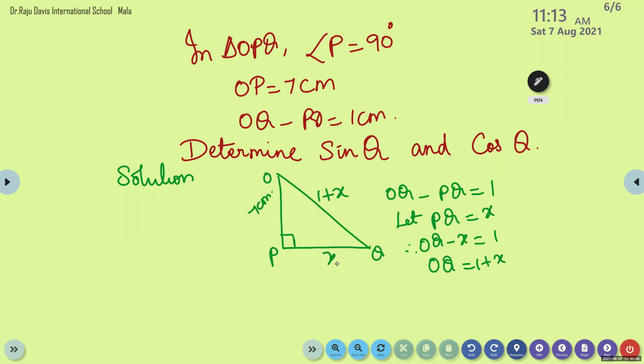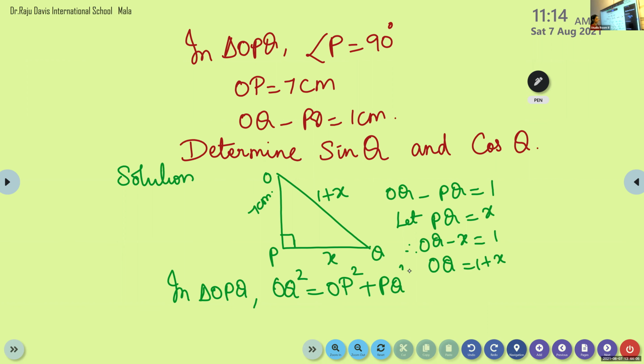So PQ is X. Now, is it a right angle triangle? So we can use the Pythagoras theorem and find X. In triangle OPQ, by Pythagoras theorem, OQ square is equal to OP square plus PQ square.